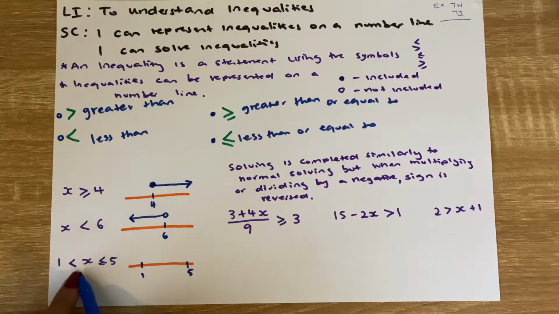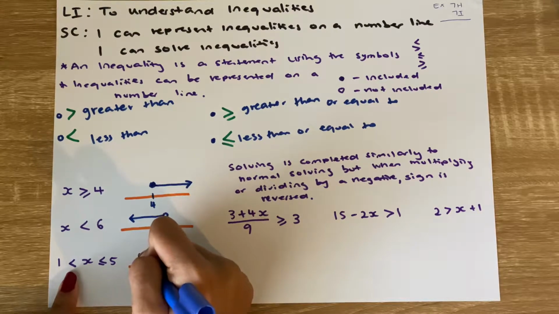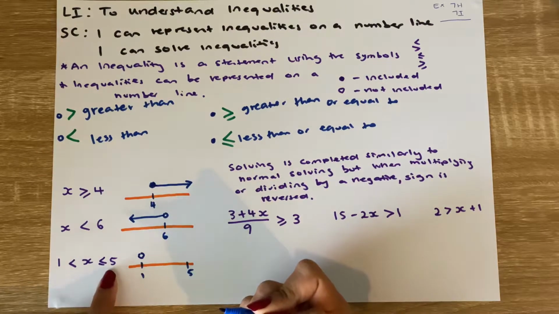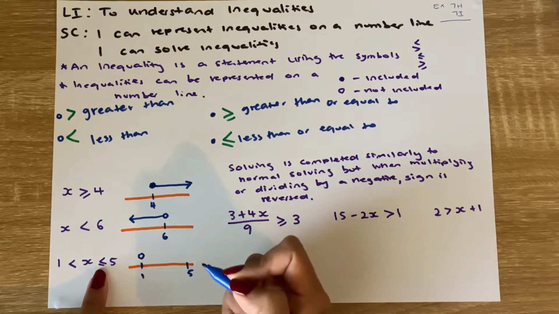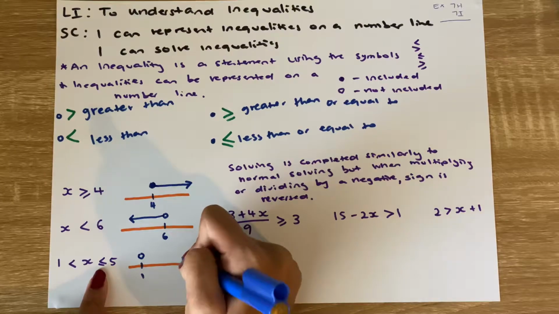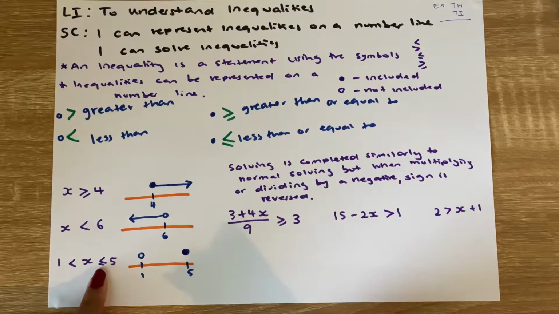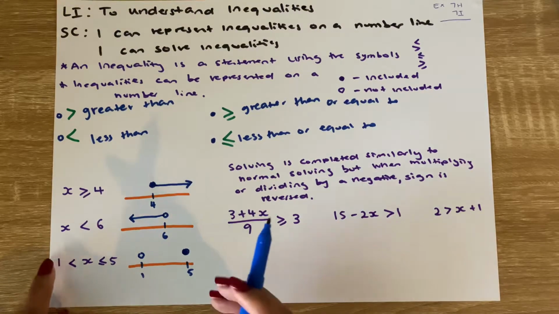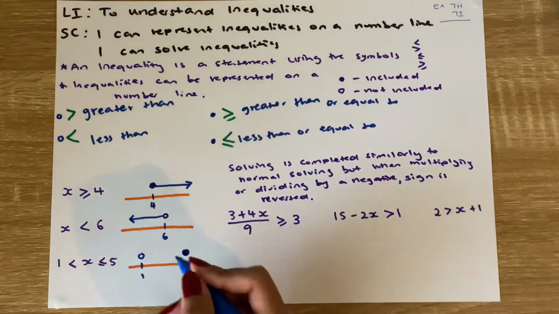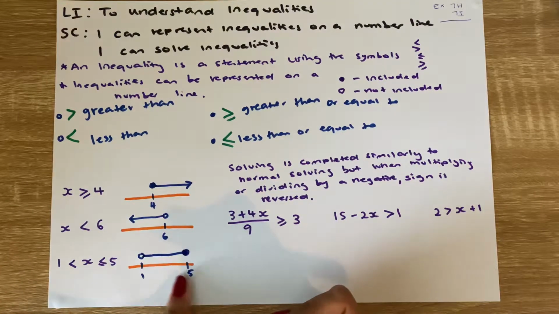The symbol that's next to 1 is just a less than sign, okay? So that's going to keep it an open circle. The symbol that's next to the 5 is an equal to sign, less than or equal to, which means when I color that in, it's going to be left as so. And we are talking about our values being between 1 and 5. So on my number line, when I draw that, I draw it like this over here.